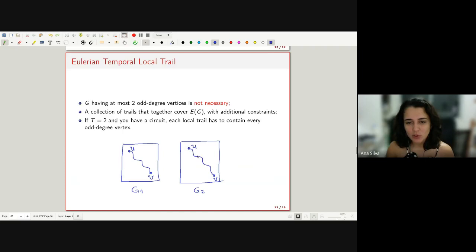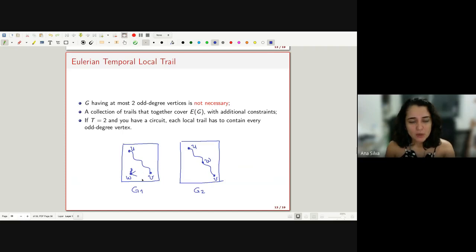You start and finish in U. If this happens, then each local trail must contain all odd degree vertices, because if you have an odd degree vertex, suppose W, that is not in this trail, so none of its edges is visited in the first trail, then only an even number of edges incident to it can be visited in the next trail. So of course there will be some edge that will not be visited, which is a contradiction, and this cannot be an Eulerian trail.